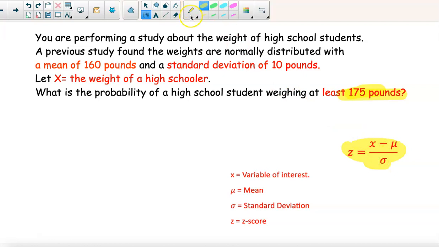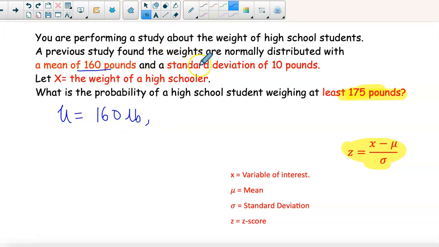Let us make use of this formula. Identify what our x, mu and sigma are. Substitute and let us evaluate. So, this is the mean, right? Mean, that is mu, is equal to 160 pounds.